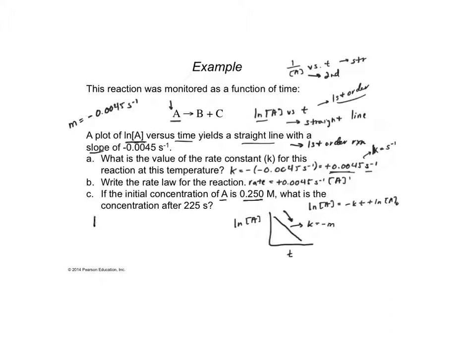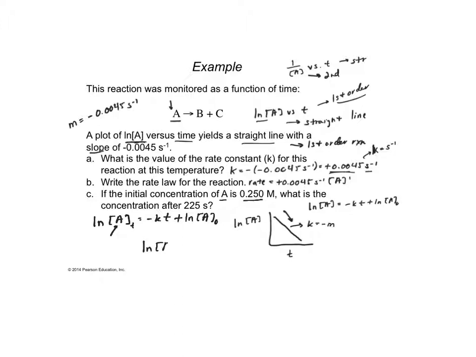So this is what these guys are for. ln of A at whatever time we're interested in is equal to minus kt plus ln of A naught, okay? What we want to know is ln of A. We're solving for this, and we know everything else in this equation, okay?